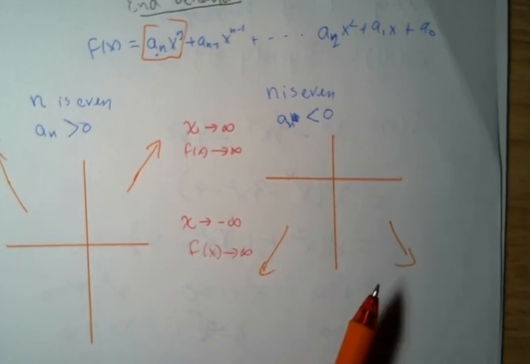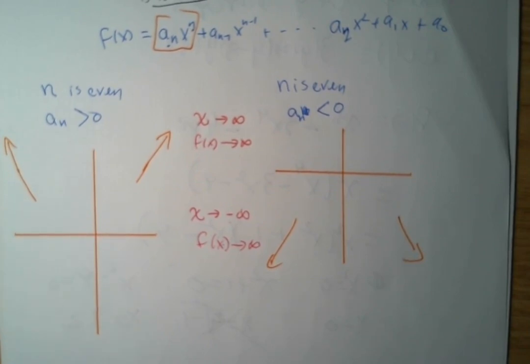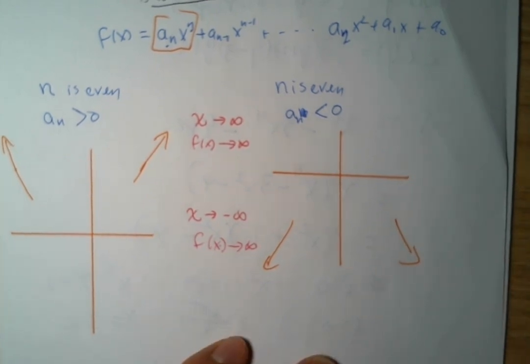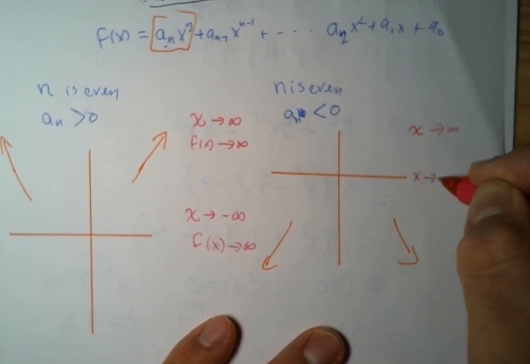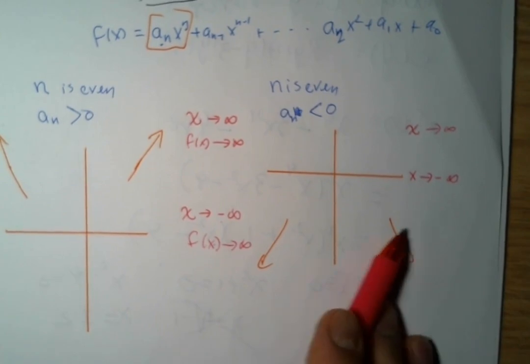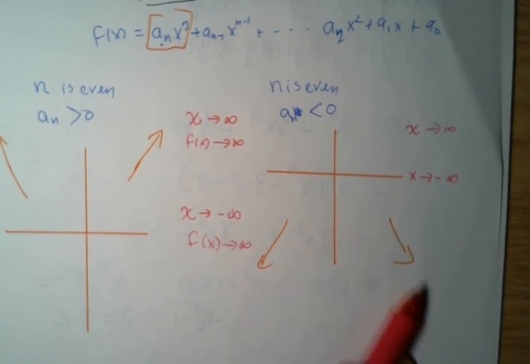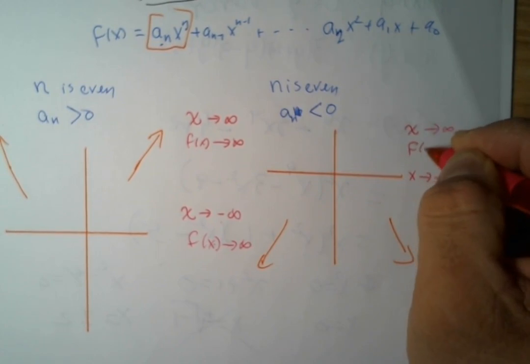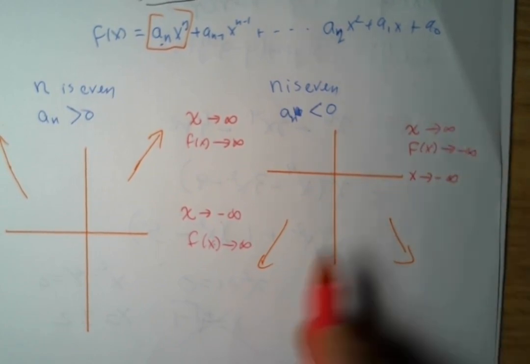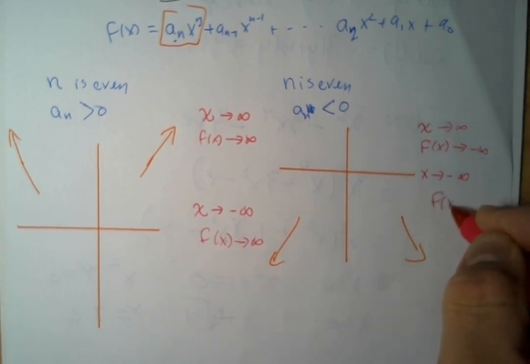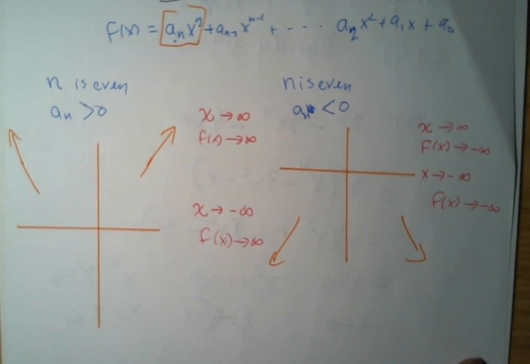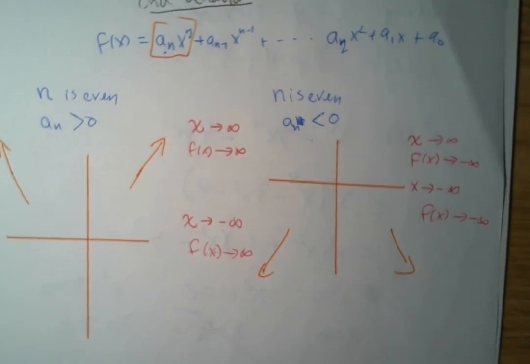Again, we're looking for what happens to the function f of x for the two different quantities: x going to infinity, x going towards negative infinity. Here, as x goes towards infinity, the function goes towards negative infinity. And here, as x goes towards negative infinity, the function values also go towards negative infinity. So we get something like that.